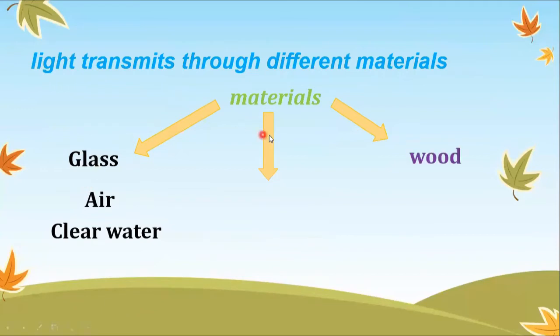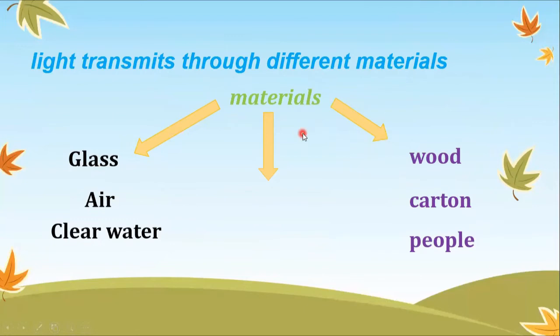And type 2: we can't see behind it. Some materials we can't see anything behind, like wood, like carton, like people.